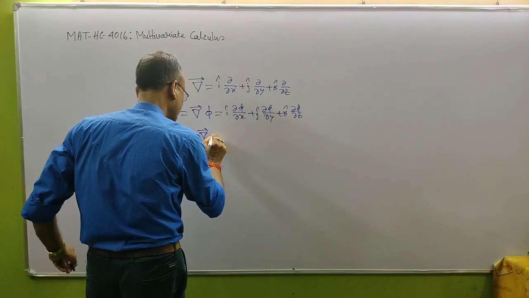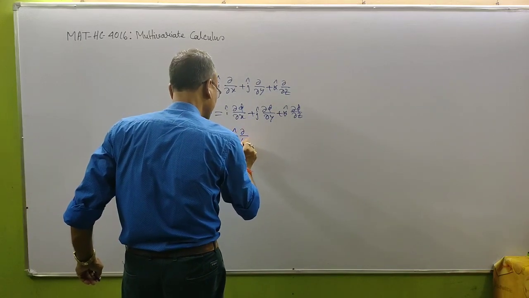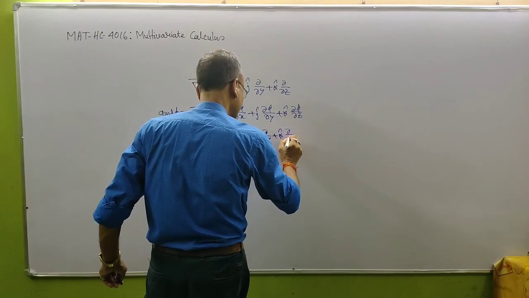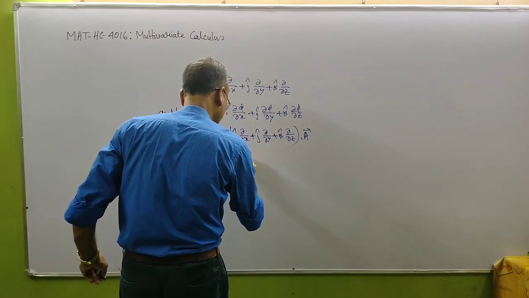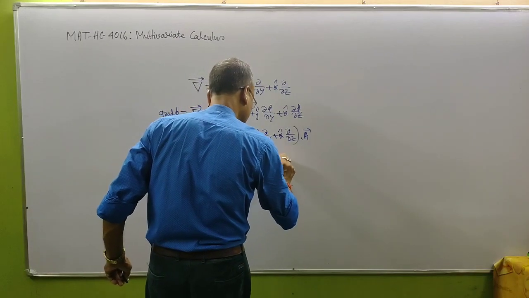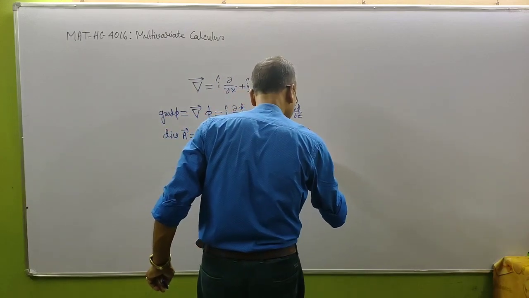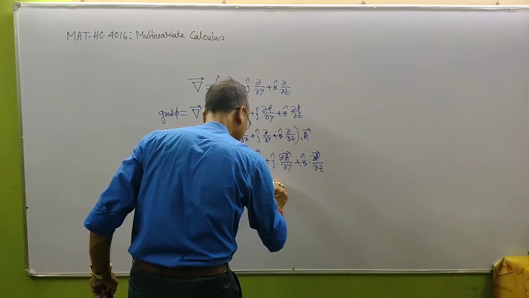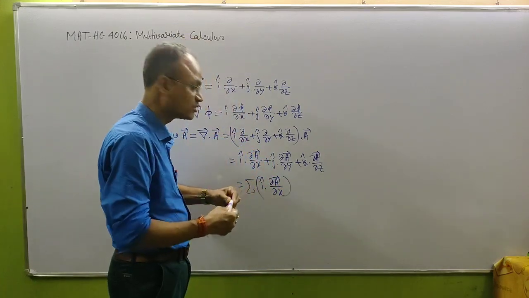It can be denoted by divergence of A, which you can write as (i cap ∂/∂x plus j cap ∂/∂y plus k cap ∂/∂z) dot A, or this can be written as i cap dot ∂A/∂x plus j cap dot ∂A/∂y plus k cap dot ∂A/∂z. This stands for the divergence of a vector.